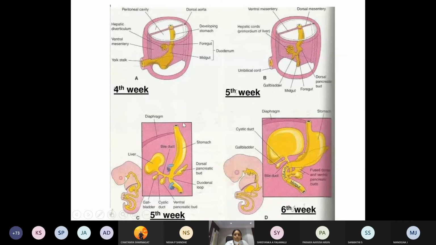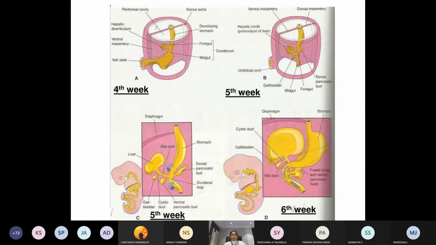Later, the coils of the large intestine will be growing. See, all the development happens together. It doesn't mean that first only the esophagus will develop, then the stomach, then the large intestine. Not like that. The whole development process will be together.